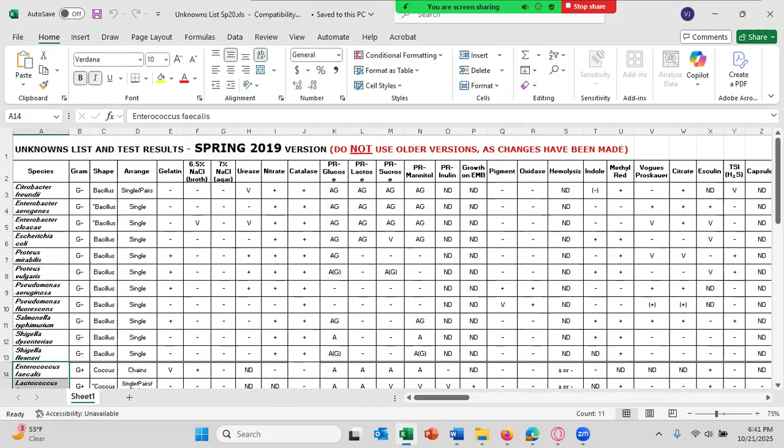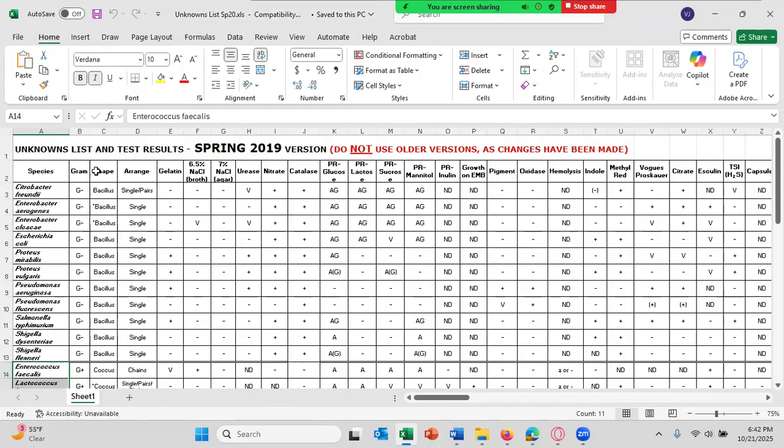So you each get a number representing one of these cells. You won't know which one it is, and you will all term long try and run various tests to try and figure out which unknown species you have.